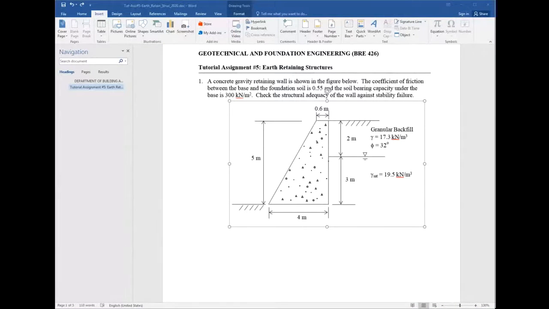Can you see the tutorial 5, the Word file? Okay. So could you hear from me? Okay, that's good.